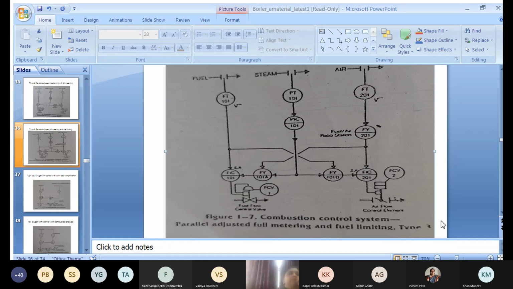Sumit, can you hear me? Shweta Rathod. Yes, ma'am. Can you read the diagram? What did you understand from this diagram?